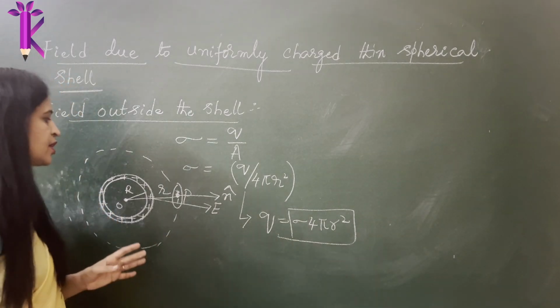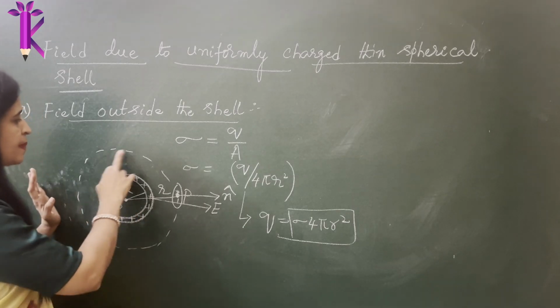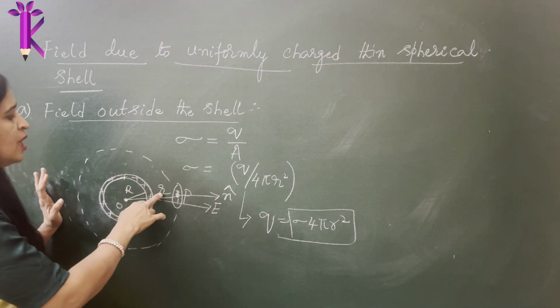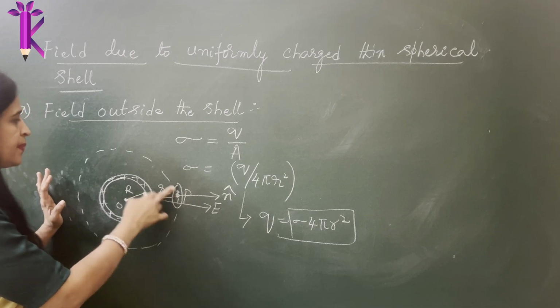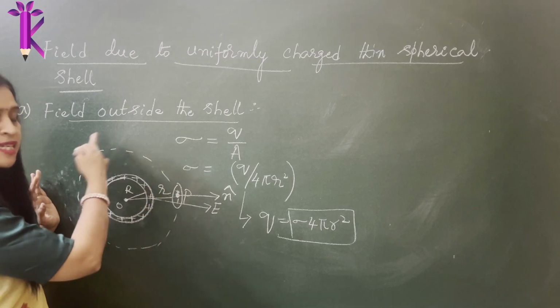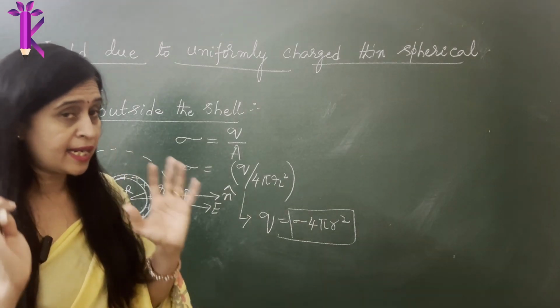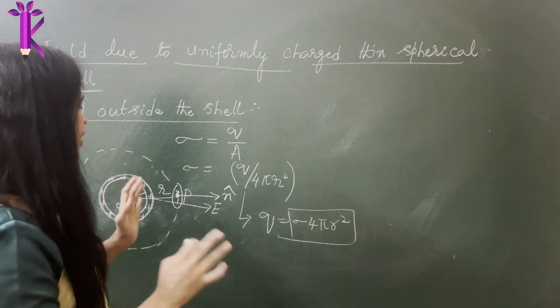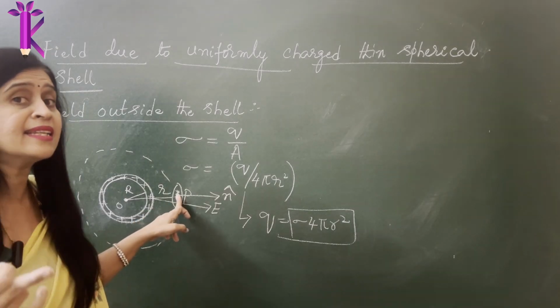So what is the first thing you are going to write? Consider an imaginary spherical Gaussian surface with radius r. You are first going to talk about the point P where you are calculating the electric field.